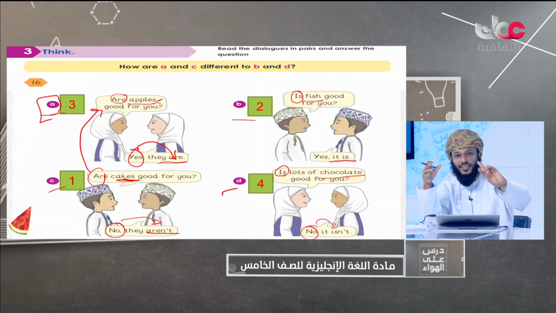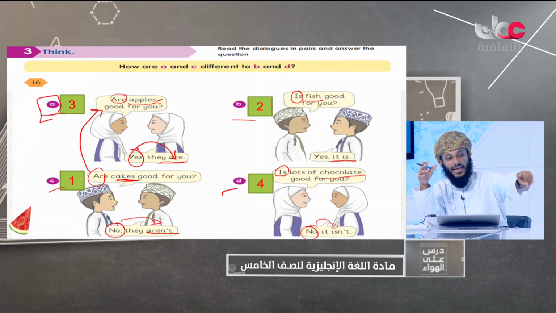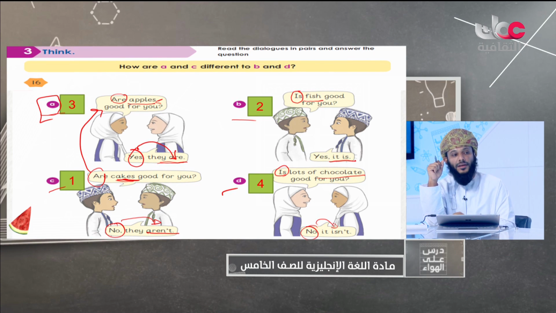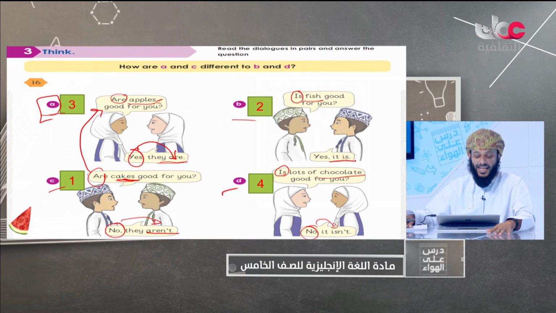I want 2 students here. Ahd and Abir. Are apples good for you? Yes, they are. Now Faisal and Fahad. Is fish good for you? Yes, it is.